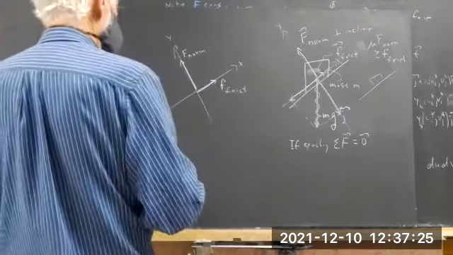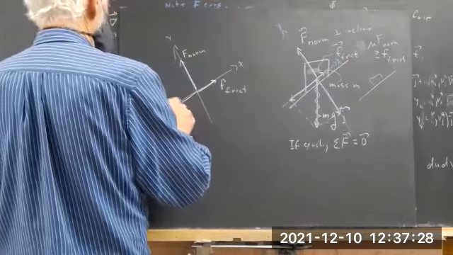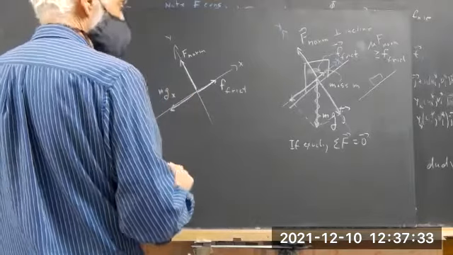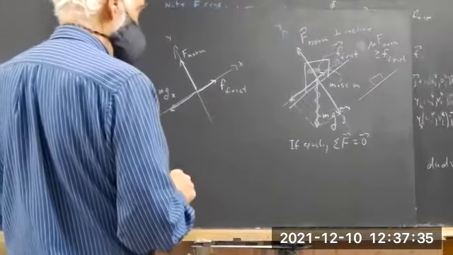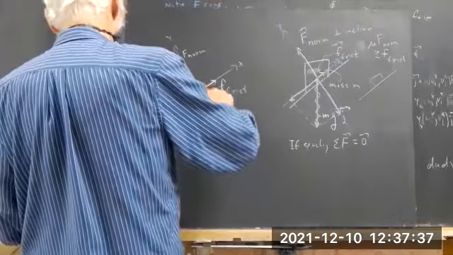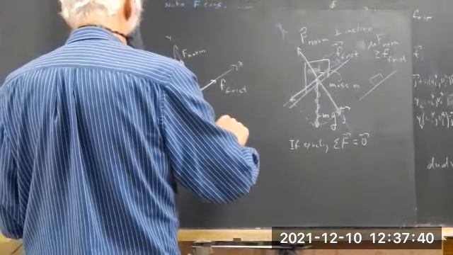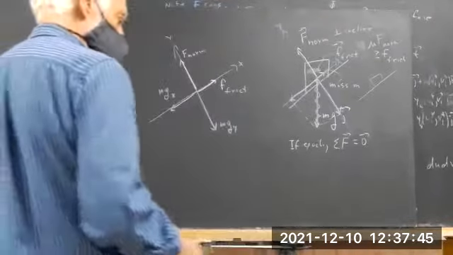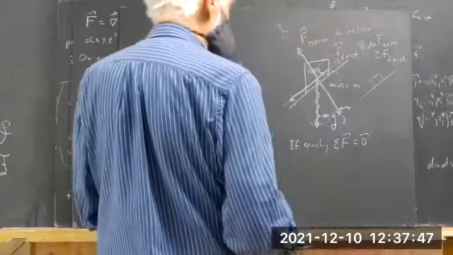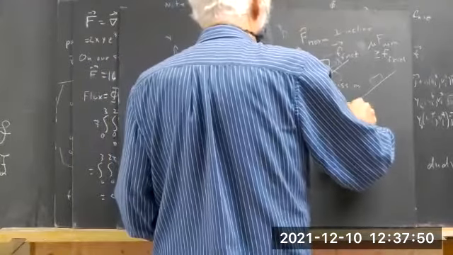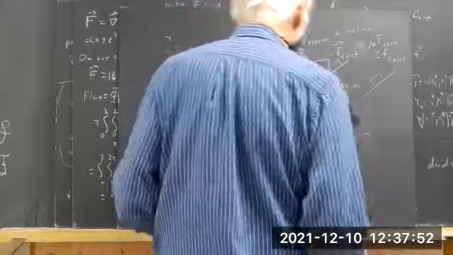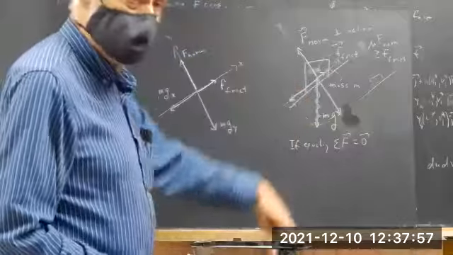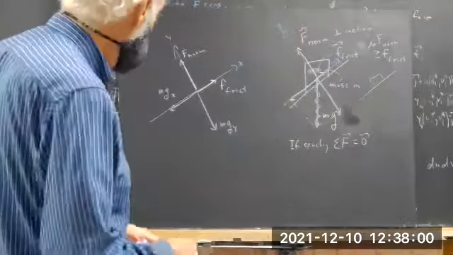We're going to write mgx and mgy. At this point, I realized this is mgj, because we've imposed an x and y axis where j is in this direction, not this direction. So pretend I didn't do that.